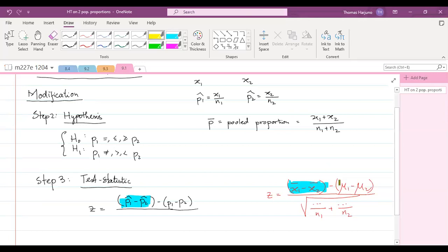Okay, this is the number from the null hypothesis, the constant from the null hypothesis. This will also be the constant from the null hypothesis. Oh, by the way, I need to modify this to get the constant. Null hypothesis: P1 minus P2 equal to, less than or equal to, greater than or equal to 0. Alternate hypothesis: P1 minus P2 not equal to, greater than, less than 0.